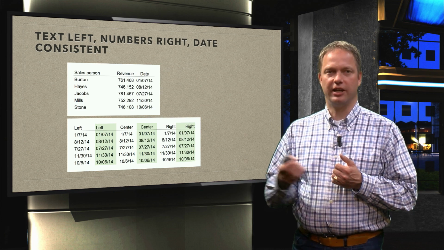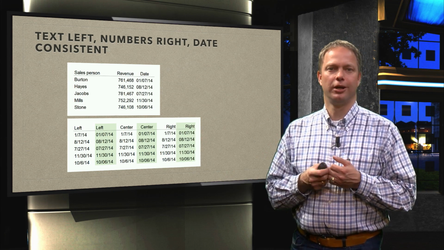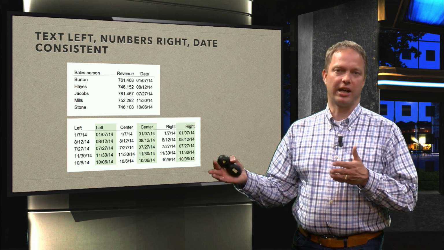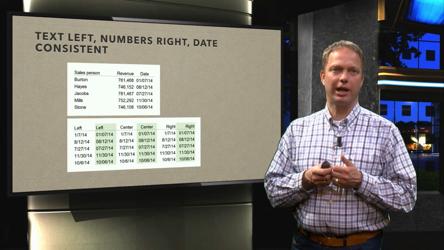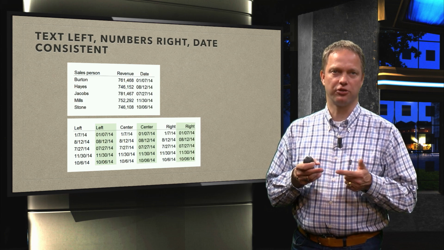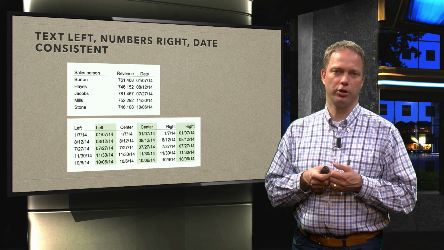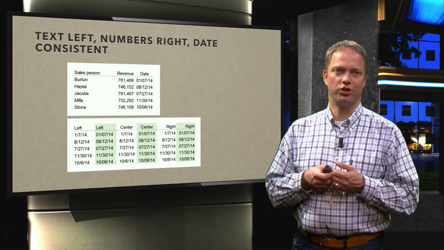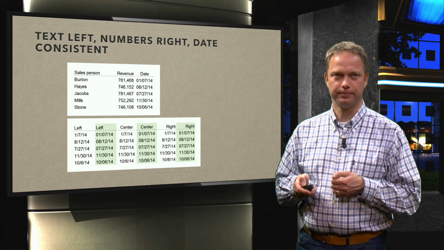If you use a date like the 1st of January 2014, then consider it text and do a left align. And if it's all the same length, then you can use left, center or right. But you see the white columns in the bottom table, those are the situations you don't want to end up with. So that's about alignment.